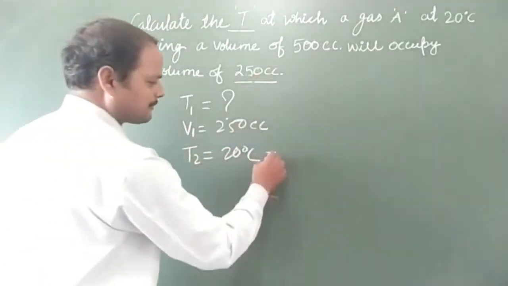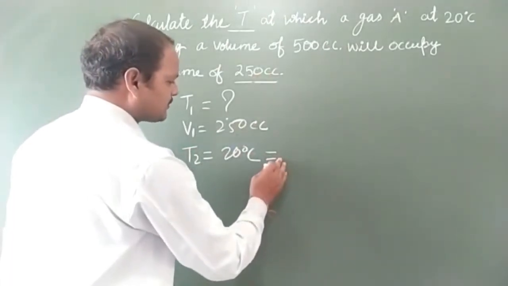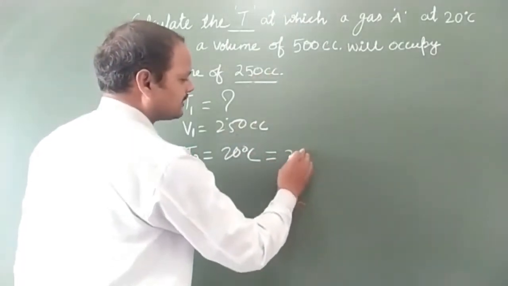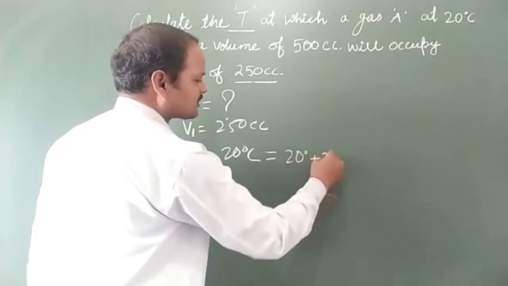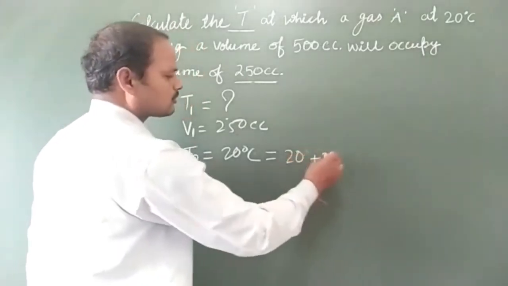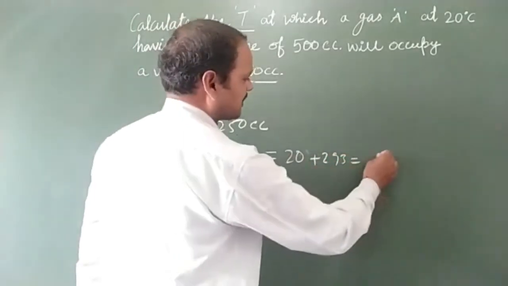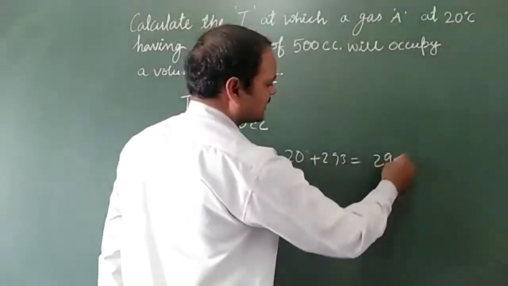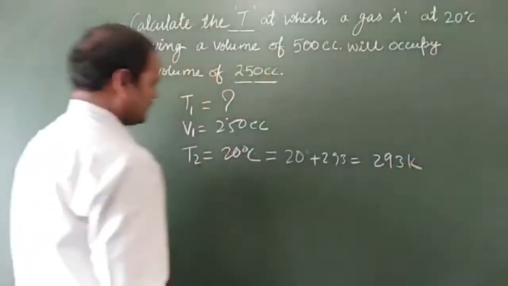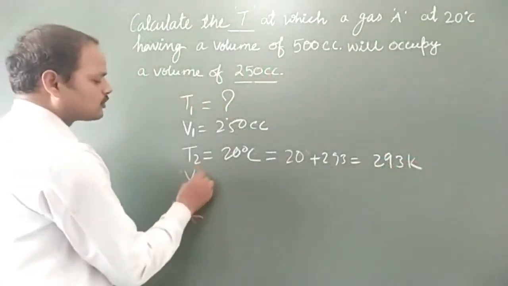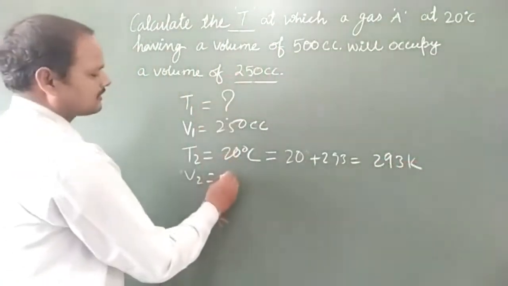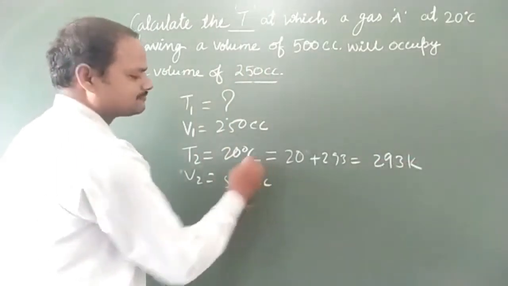We can convert this temperature into Kelvin. It means 20 degrees plus 273. Here we will get 293 Kelvin. Now volume V2 for this is given, that is 500 cc.